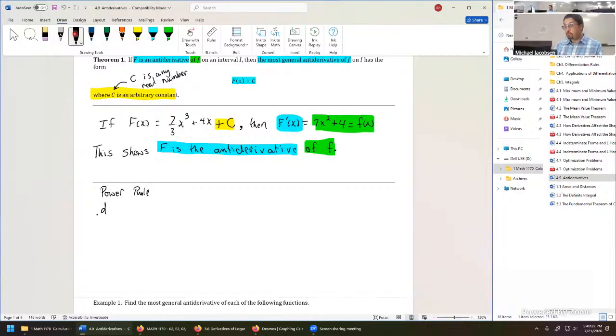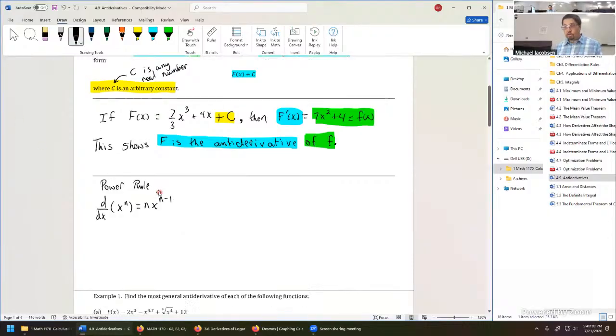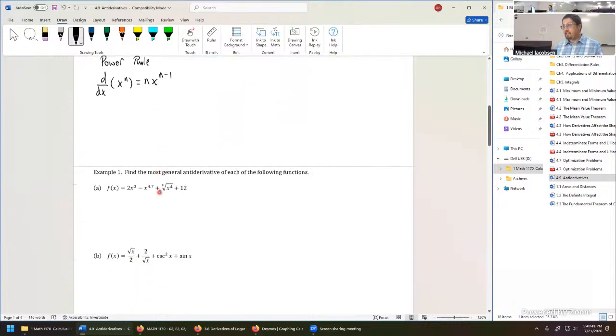The power rule says if we differentiate with respect to x x to the power of n, the process is the power n becomes a coefficient. The new power of x is one less, and that's what the power rule looked like. But now we want to unwind this, because this time we're not differentiating that function f there. What we're trying to come up with is the antiderivative.